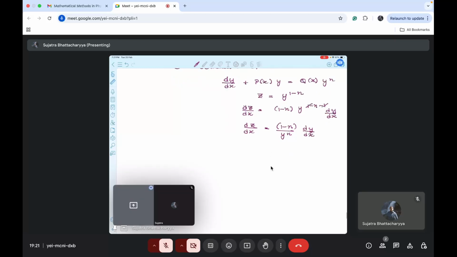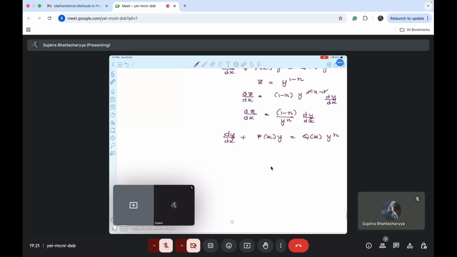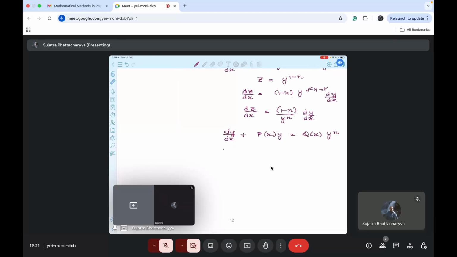You can clearly see that in some way we are getting there. So again, if I write the original equation dy/dx plus p(x) y is equal to q(x) y to the power n, and I multiply both sides by 1 upon y to the power n, what you get is the term p(x) y divided by y to the power n equals q(x), because y to the power n and y to the power n cancel.